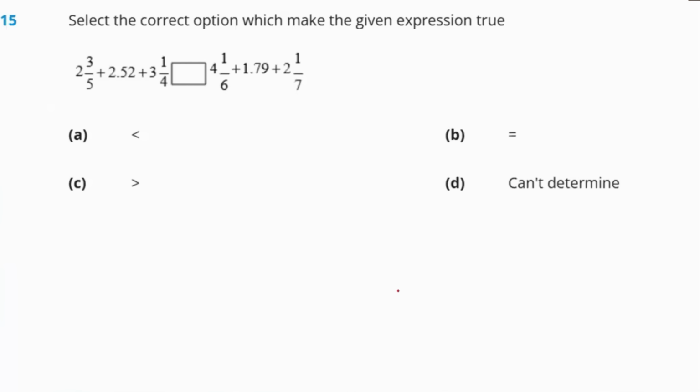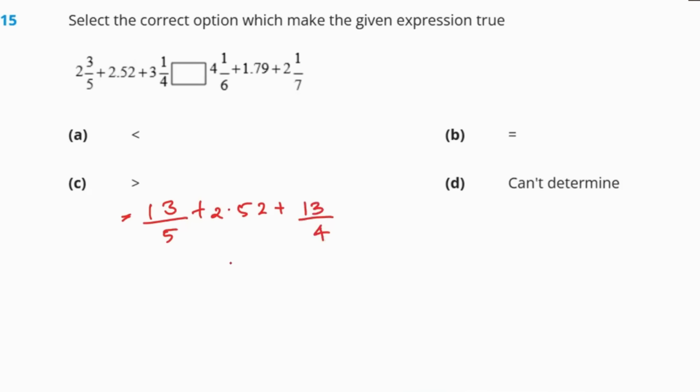Select the correct option which makes the given expression true. Here they are given in mixed fractions, so we have to convert them into improper fractions. 2 3 by 5 converted gives 13 by 5, plus 2.52, plus 4 3s are 12 plus 1, 13 by 4.